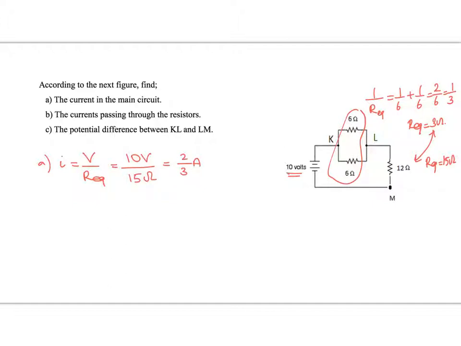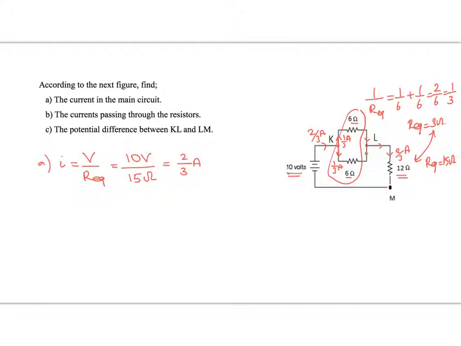Now 2 over 3 ampere comes here. It will divide into 2 equally because the resistances are equal. So 1 over 3 ampere will go up, 1 over 3 ampere will go up, then they will combine here and pass as 2 over 3 ampere.